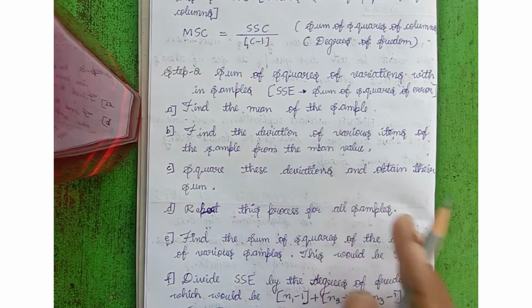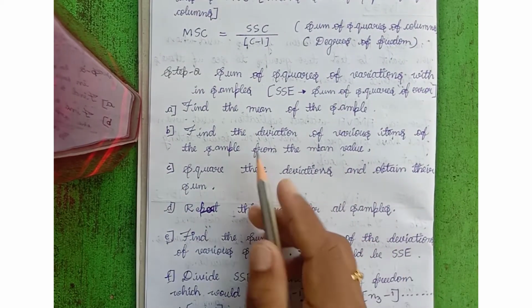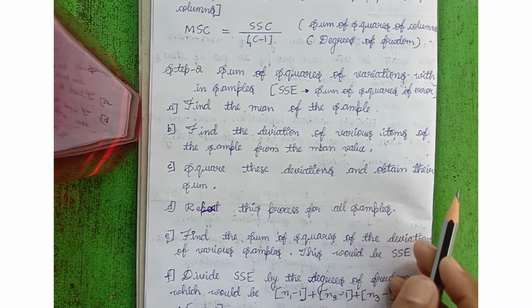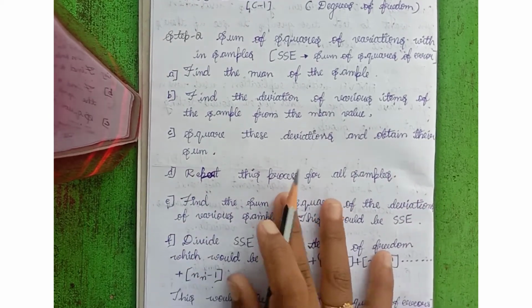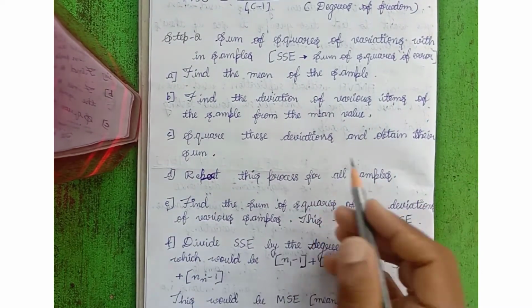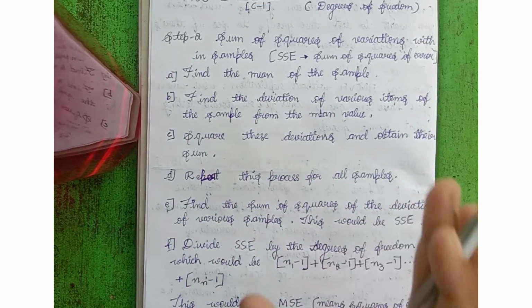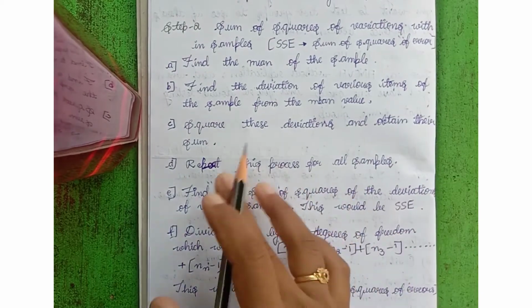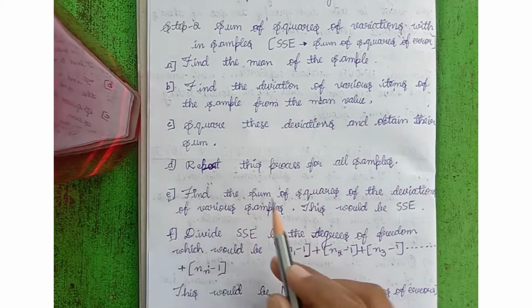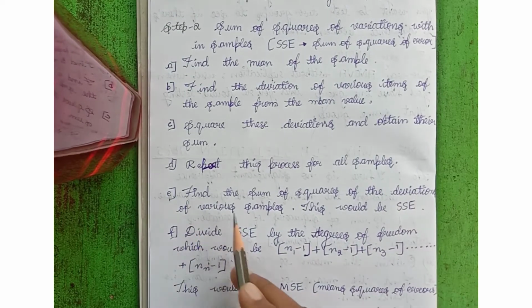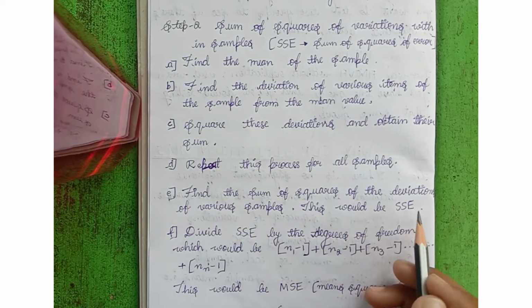C, square these deviations and obtain their sum. D, repeat this process for all the samples. E, find the sum of squares of the deviations of the various samples, that is SSE.